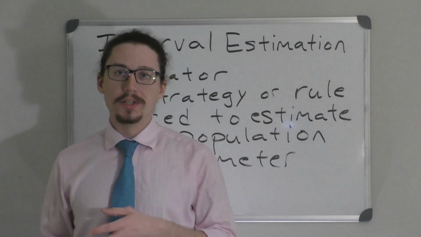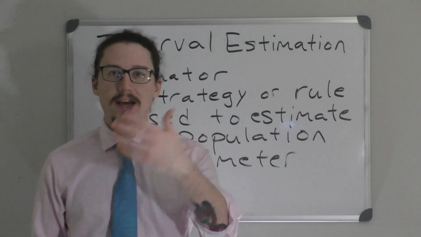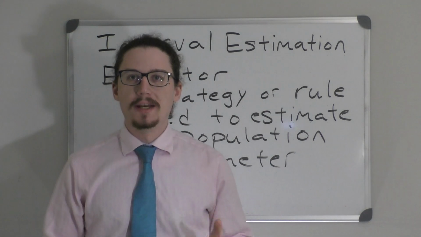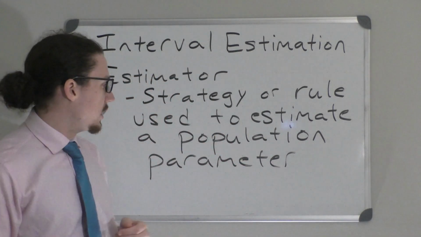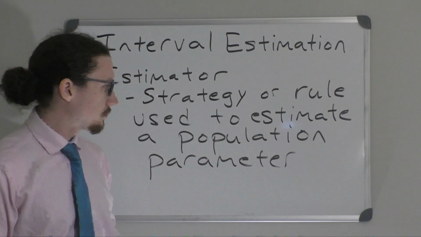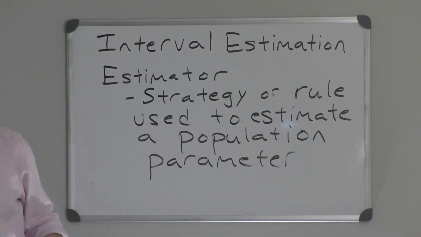The actual equation for the sample mean, X bar equals the sum of xi divided by n. That is a rule, it's a strategy, right? Once we put data into that, we can get an estimate of that population parameter. But the actual equation itself is an estimator.